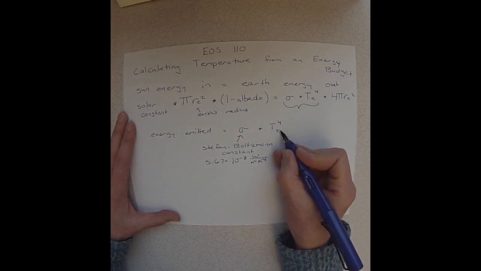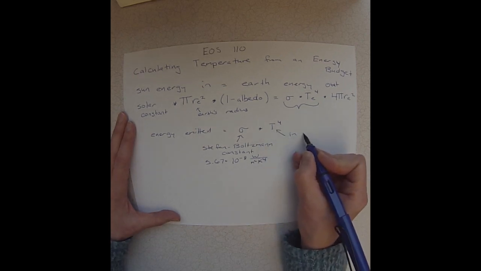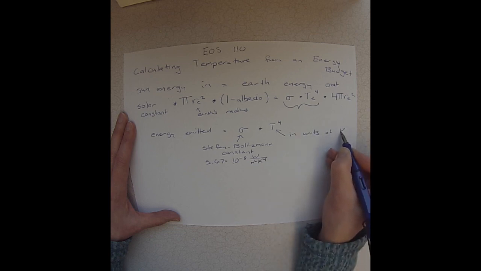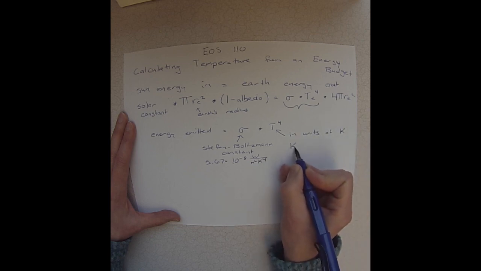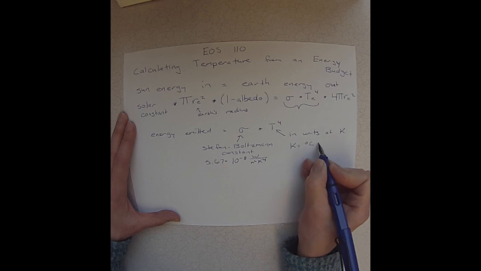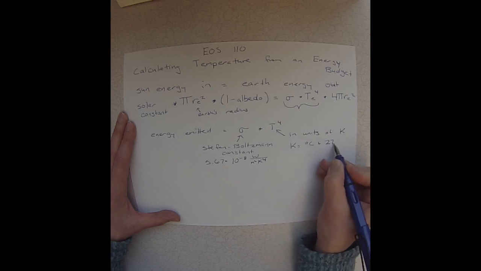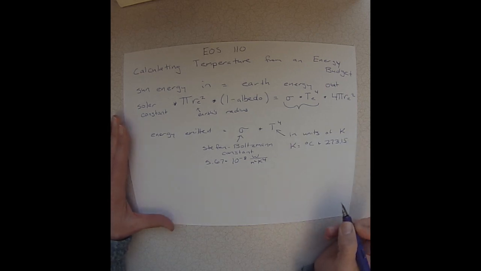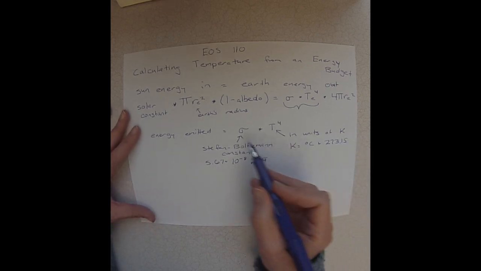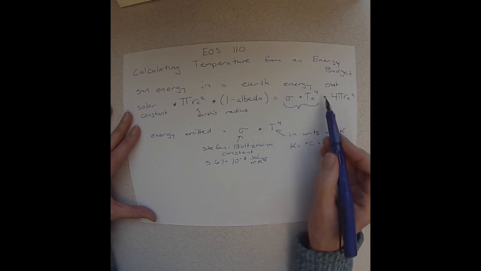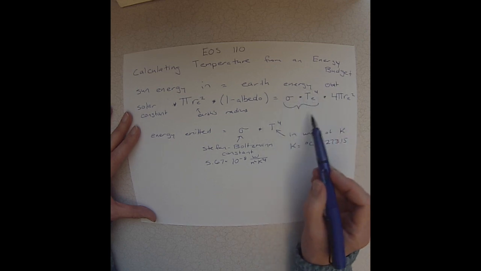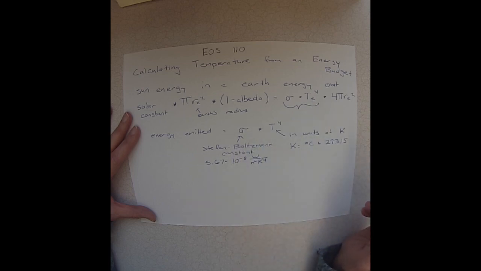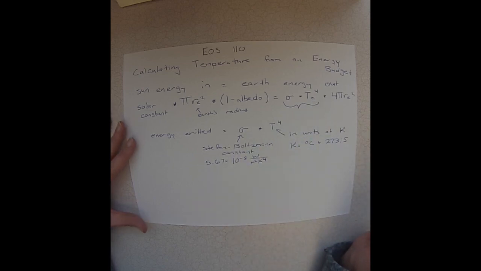And this temperature here is in units of Kelvin, where a Kelvin is equal to a degree Celsius plus 273.15. Okay, so that's where this part comes into the Earth energy out. The energy leaving the Earth is related to its temperature times this constant to the 4th power.